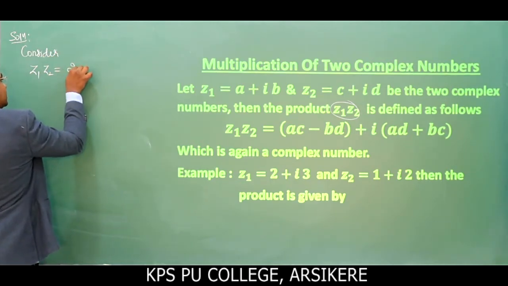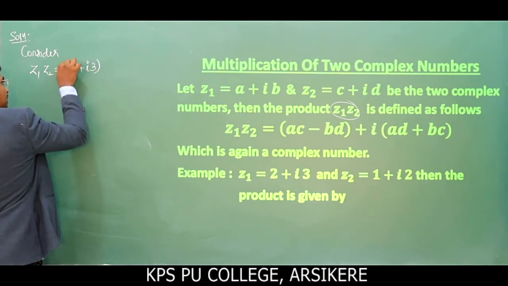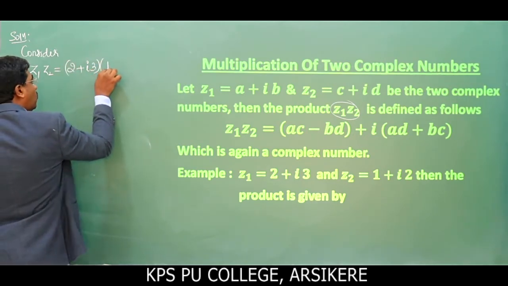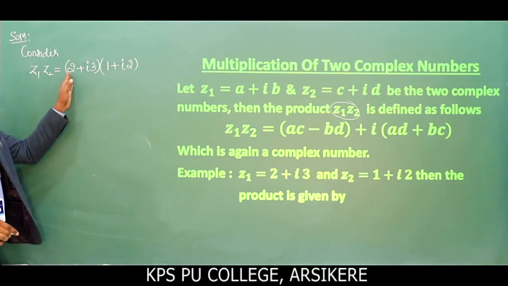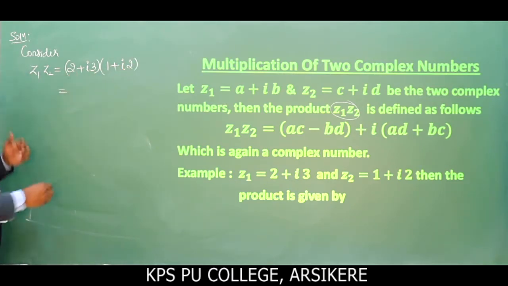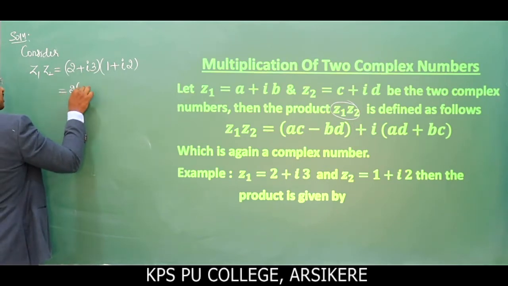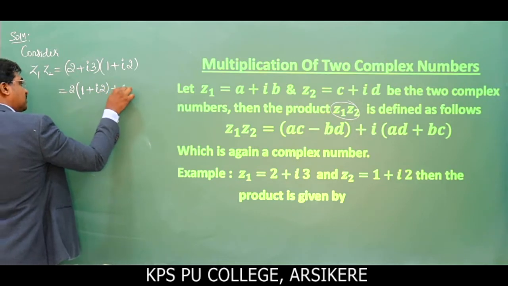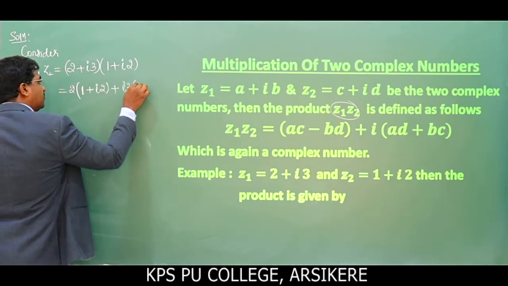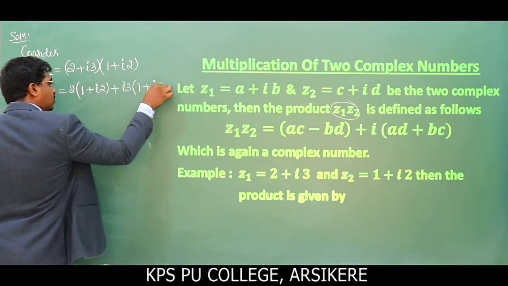Z1 is 2 plus i into 3, into Z2, which is 1 plus i into 2. Next step is first multiply by 2, then i into 3. First I will multiply by 2. So 2 times of (1 plus i into 2) plus i into 3 times of (1 plus i into 2).